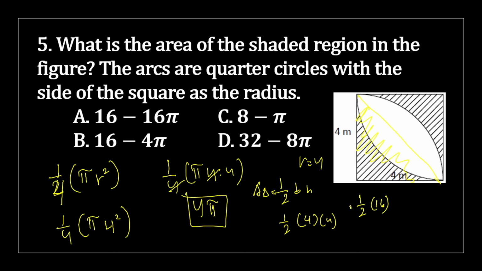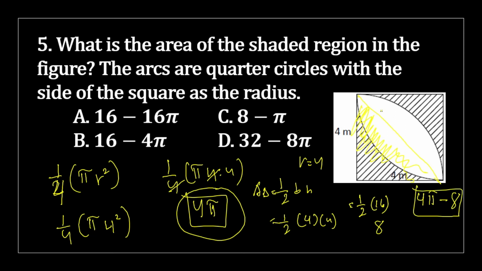So 1/2 of 16 is equal to 8. So again, let's subtract this triangle from 1/4 of the circle. So we have 4 pi minus 8. So this is the area of this white region.